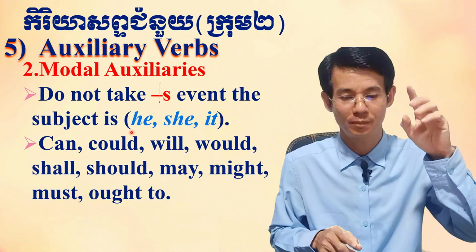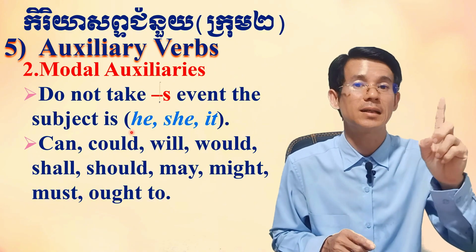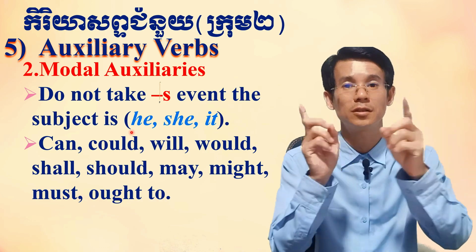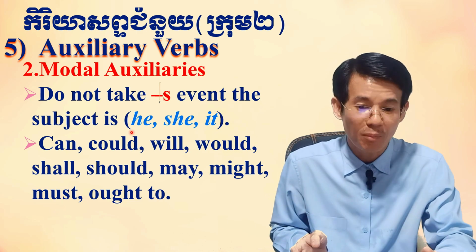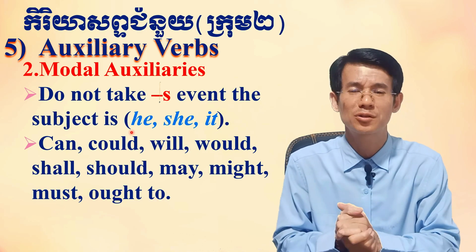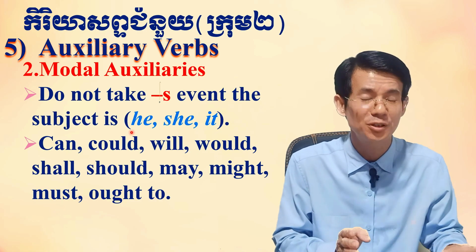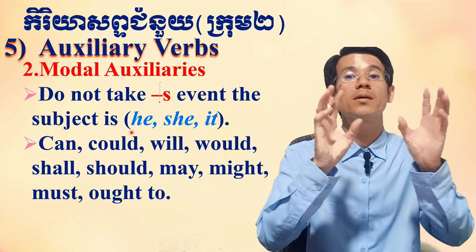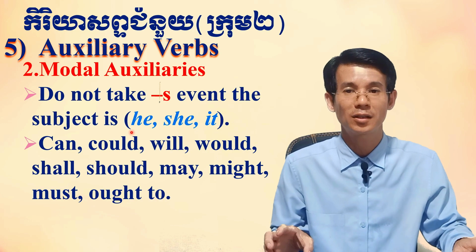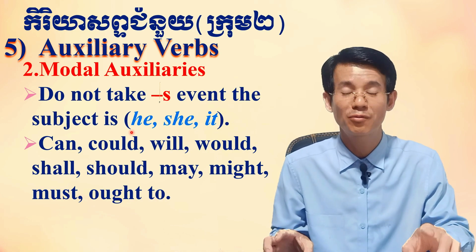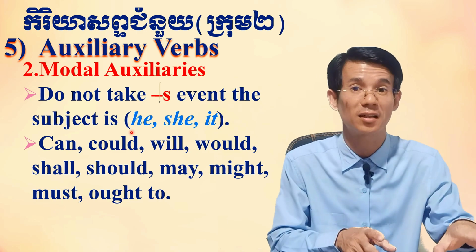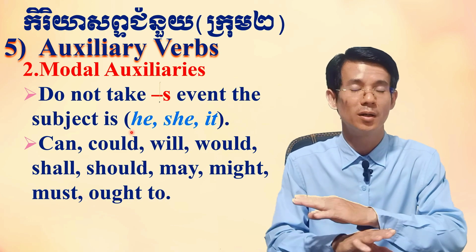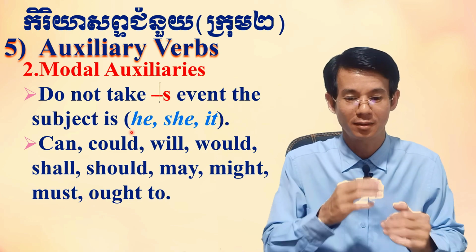For example, a verb may take an es or ies when the subject is he, she, or it. But for modal auxiliary verbs, none takes any special ending. Each of them is used with all subjects the same way. Okay, no change. It is different from the first type as well. The first type can be changed to agree with the subject, but the second type, modal auxiliary verbs, do not agree with the subject. Okay, take note.